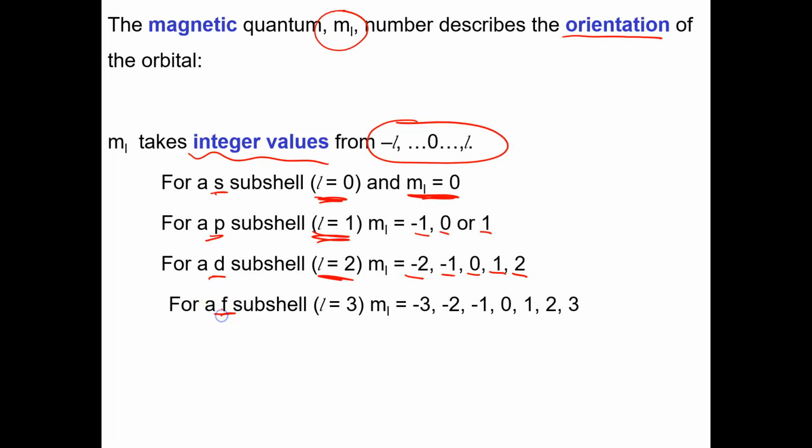For an f subshell, where l equals 3, possible values for ml are going to be -3, -2, -1, 0, 1, 2, and 3. So there is only one possibility for the orientation of an s subshell. There are 3 possibilities for a p subshell, 5 for a d, and 7 for an f.